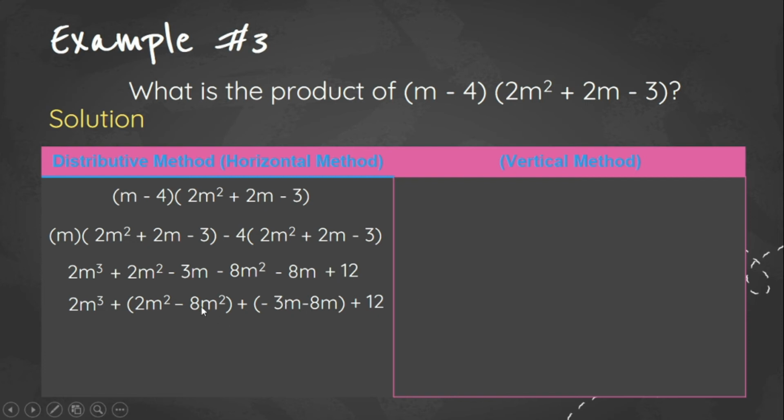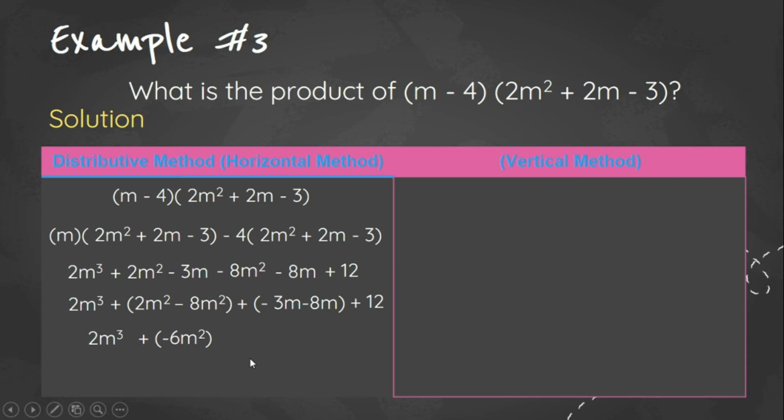So, we have here: just copy 2m cubed. 2m squared minus 8m squared is negative 6m squared. Right? 2 minus 8 is negative 6. Why m squared? Isn't it supposed to be subtracted, not added? No, because in adding and subtracting polynomials, we just copy the literal coefficient and work with the numerical coefficient. Okay? So don't forget that.